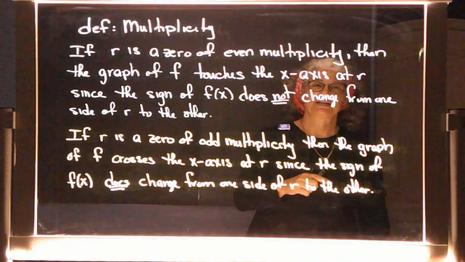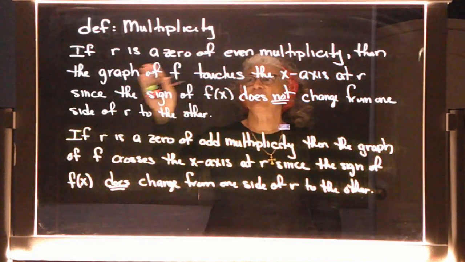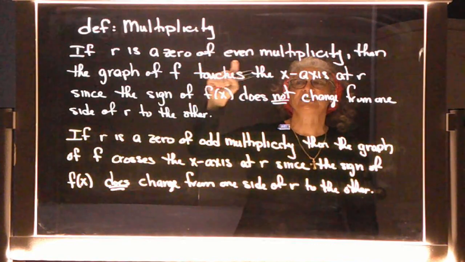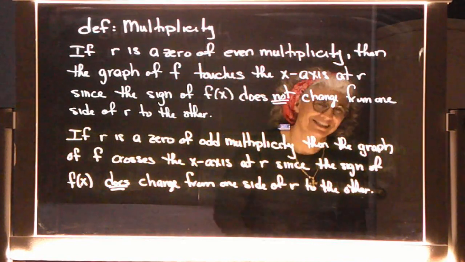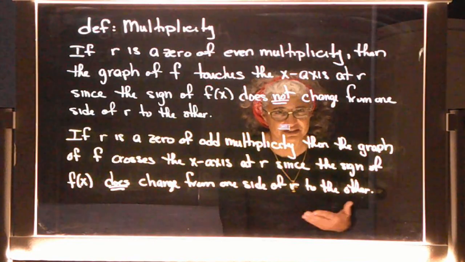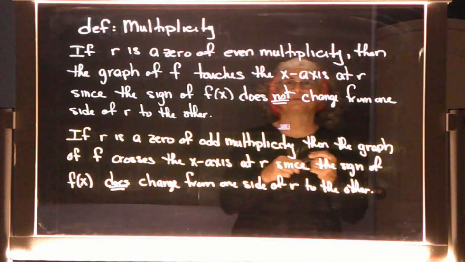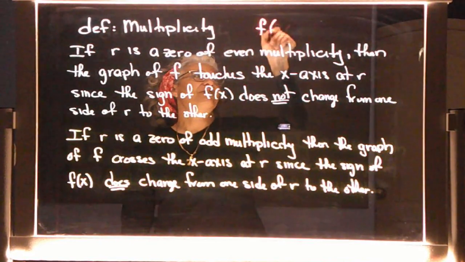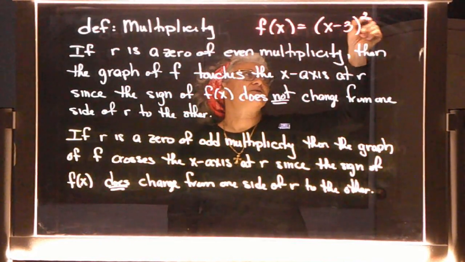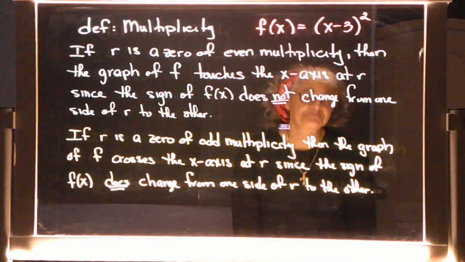You're like, what the heck? Okay, so r is a 0 of even multiplicity. So r is a solution of even multiplicity. Give me an example of an even number. Yeah, 2, 4, 6, etc., right? So let me throw an example up here. Say we have f of x equaling x minus 3 quantity squared, right?